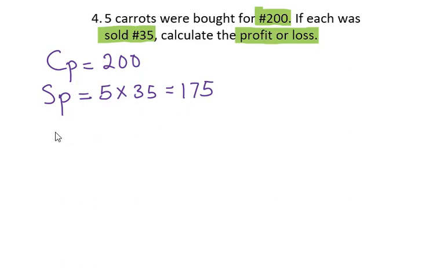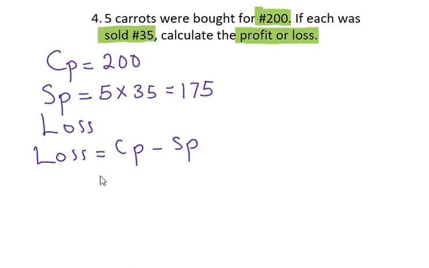Now, is it a profit or loss? This is clearly a loss, because if you bought something at 200 and you're selling it for 175, you're actually making a loss. It's just clear that it's a loss. So let's solve for the loss. Loss is equal to cost price minus selling price.